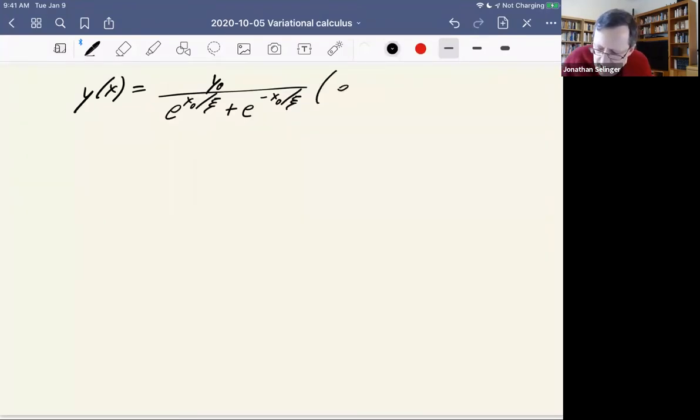And then that is all multiplying e to the x over ξ plus e to the minus x over ξ.